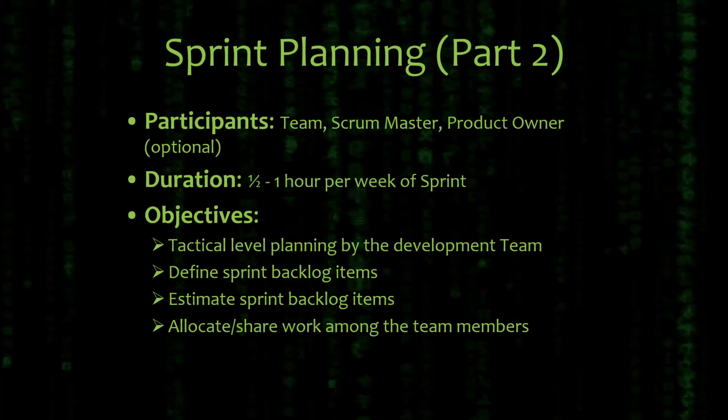And estimate the backlog, and then allocate and share the work among you. Once again, this will be maximum half an hour to 1 hour per sprint. So for sprint planning, you should spend a maximum of 2 hours. So what we plan to do is use a Tuesday session for sprint planning.